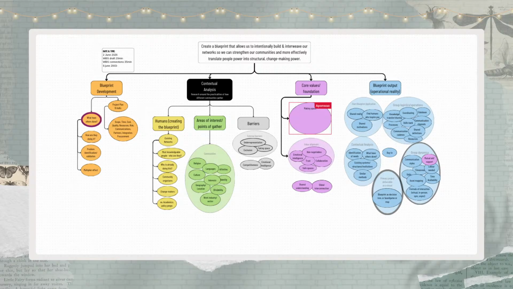I think to simplify this, I'm going to delete sort of the extra ones. We know they're captured in the other map.